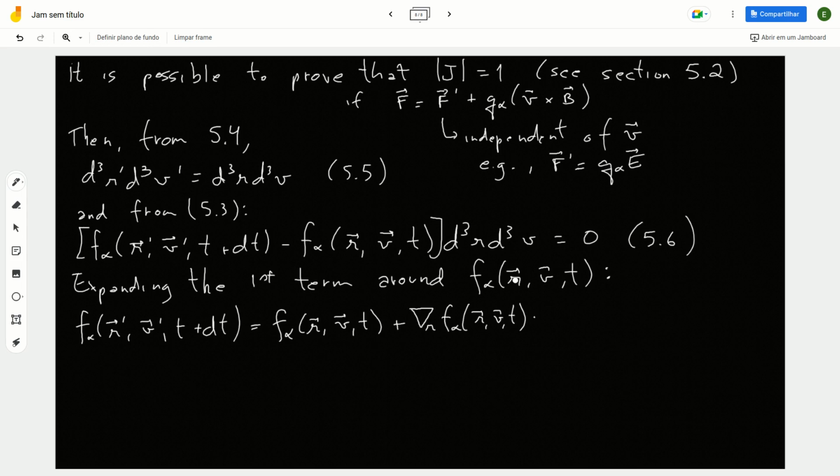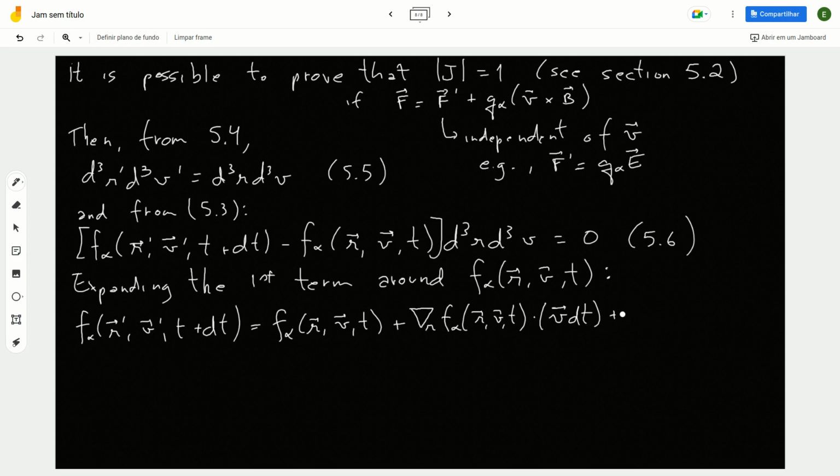So we end up with just v dt, a vector times dt.